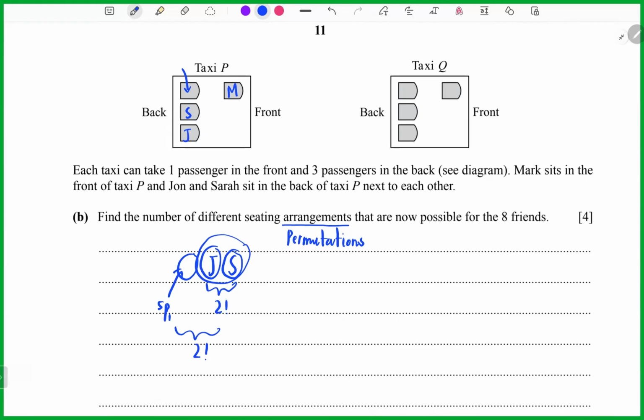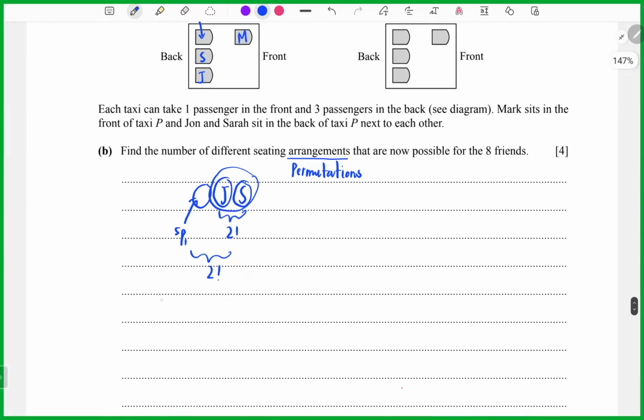Now we already have 4 persons in taxi Q, and maybe sometimes they will change. Let's say A, B, C, D are the 4 persons. Maybe you can sit this way, or also like this: D, B, C, A. Also can. So we should take 4 factorial here.